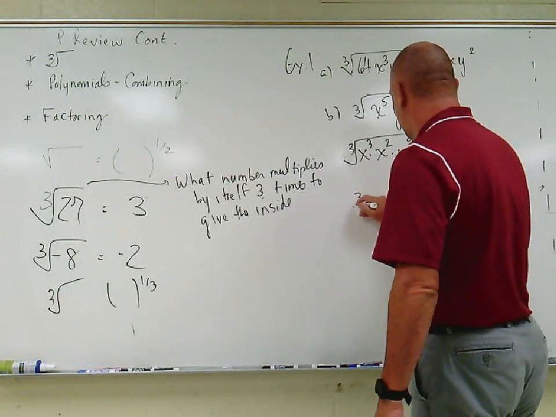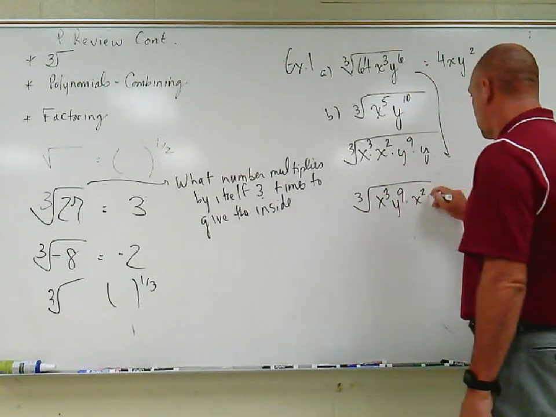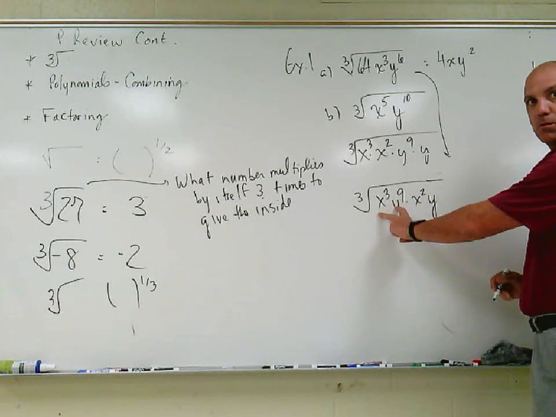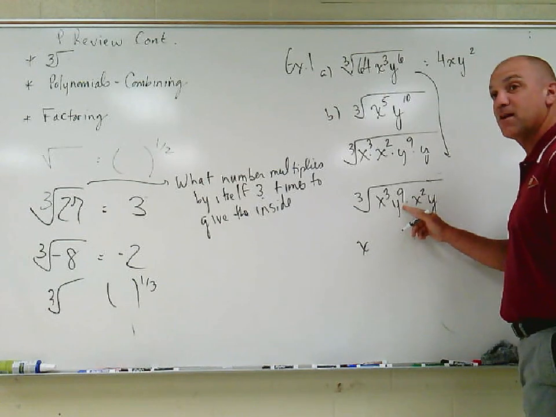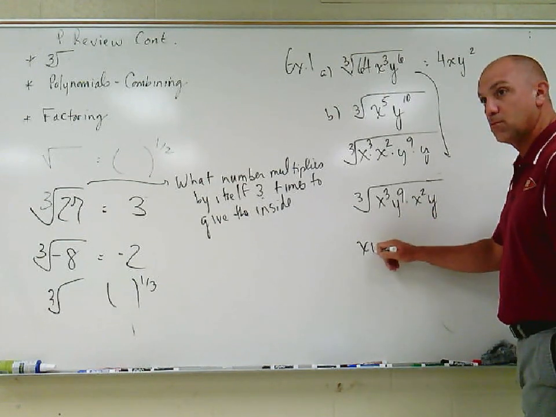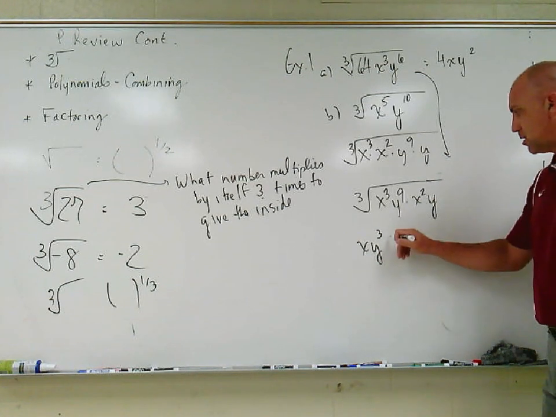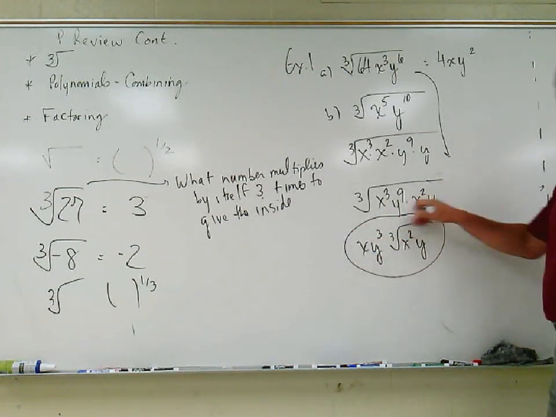Okay, so we would say x cubed, y to the 9th is in the front, x squared, y is in the back. And now both of those, you can do cube root. Cube root of x cubed is x, cube root of y to the 9th, y to the 3rd, like Molly said, divided by 3. And then the other two just stay in, and there you go. And that's how you do it.